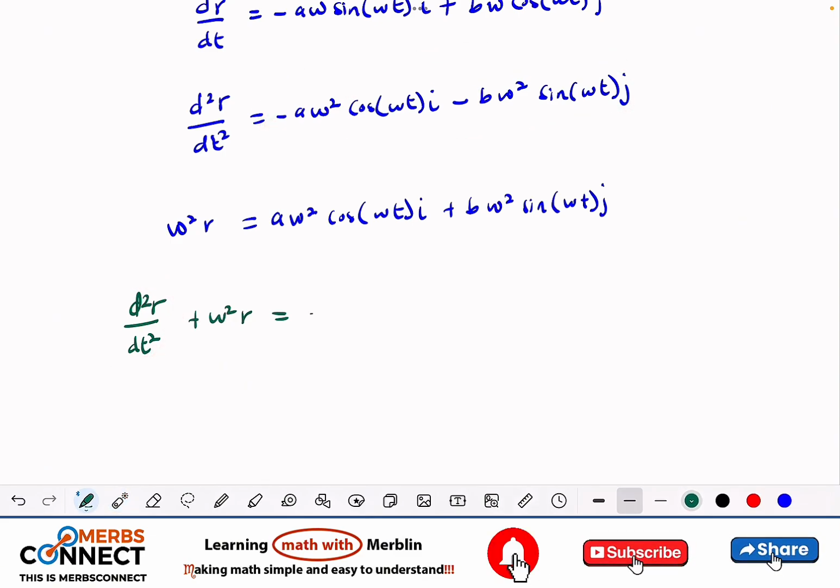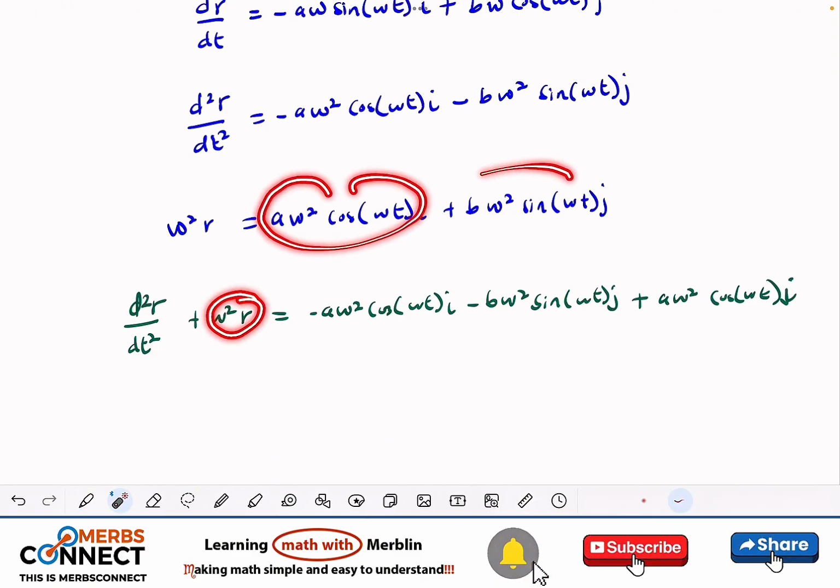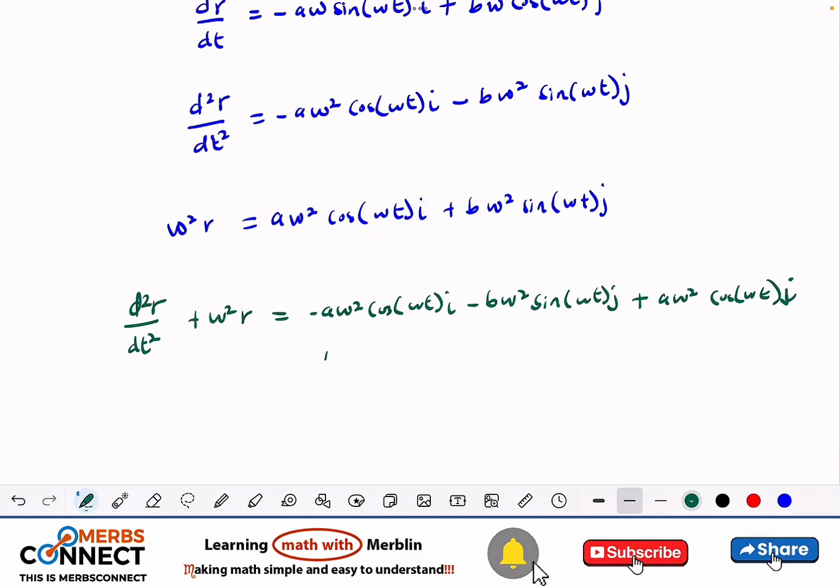So I'm going to have minus omega squared cos omega t i, minus b omega squared sine omega t j, plus a omega squared cos omega t i. So I'm adding plus this, which is this plus this, then plus b omega squared sine omega t j.